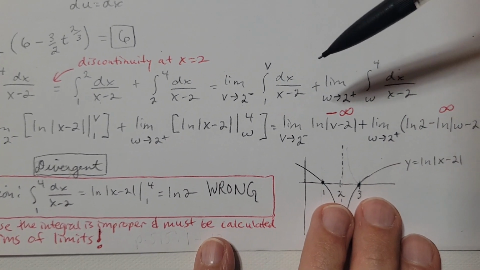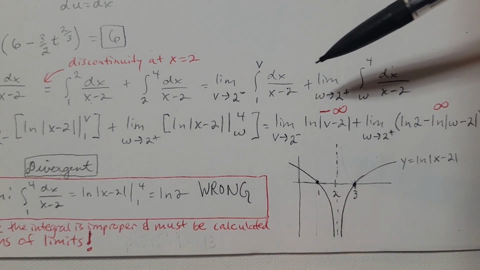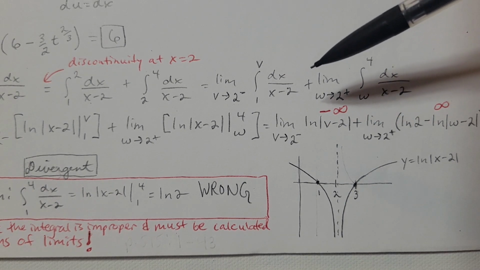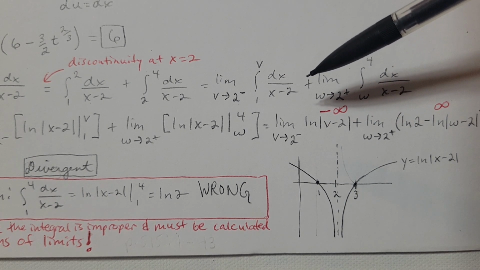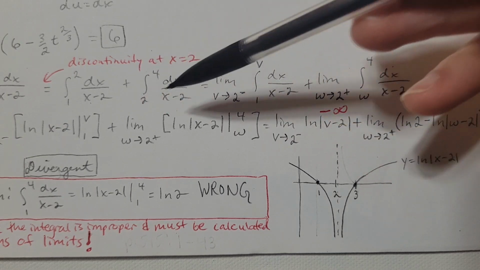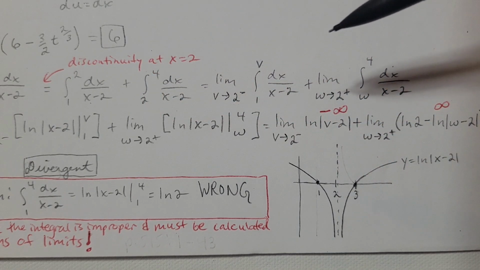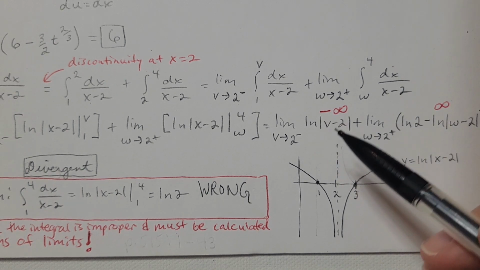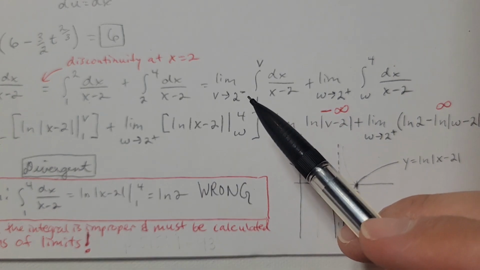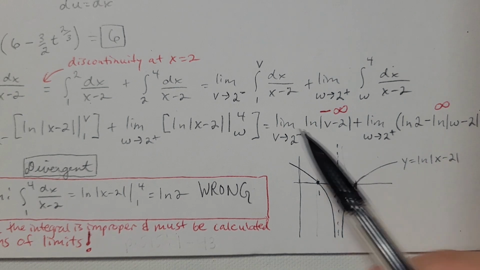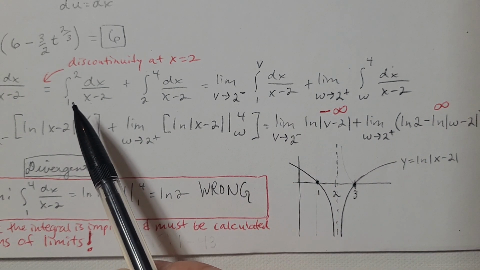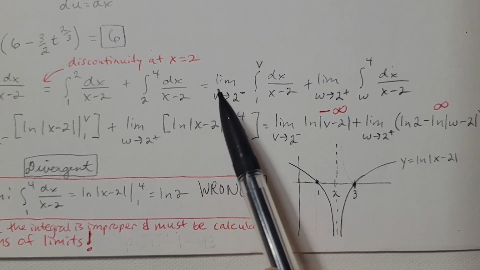Now, let's see. So the first integral is an improper integral, because I can't plug in 2 there. I'm going to use the limit definition. I got the limit as v approaches 2 from the left. If I'm going from 1 over to 2, I'm approaching 2 from the left side.